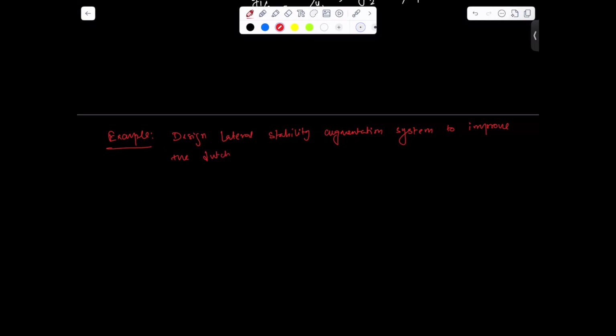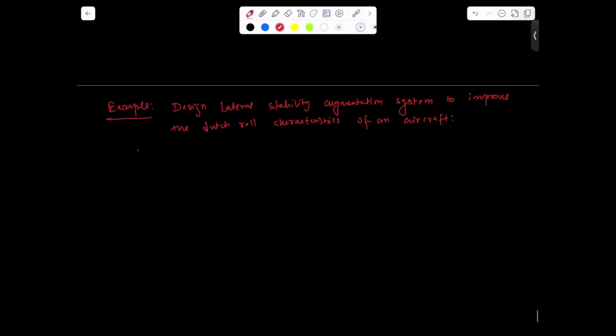Dutch roll is one of the approximations in lateral stability. This part we already did in our last course, so I'm not going to repeat the Dutch roll motion. Here we have two state variables, del beta dot and del r.